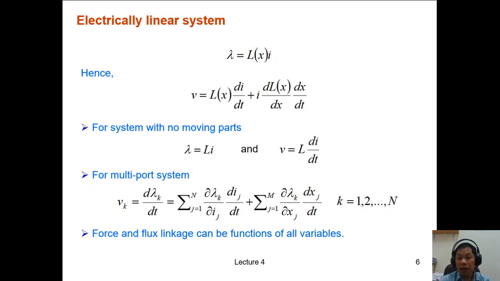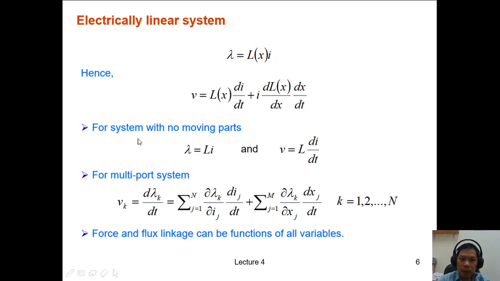It doesn't depend on the current. So for a given x, it's a linear function of current. That's why we say it's electrically linear. And therefore, when we calculate V by calculating d lambda by dt, we will have this expression with these components.